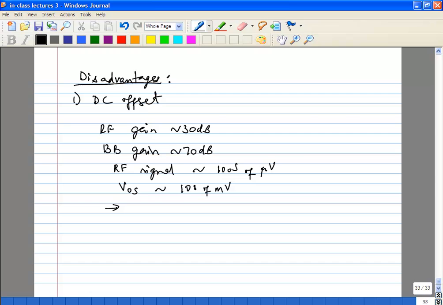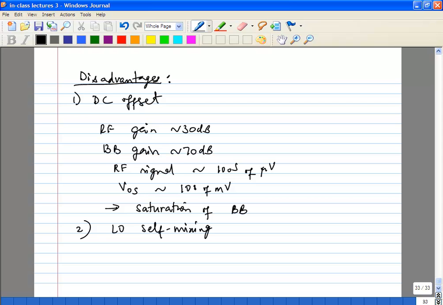So what does this mean? Your DC offset could end up saturating your baseband amplifiers. Saturation means desensitization, right? We know that. We saw this before.